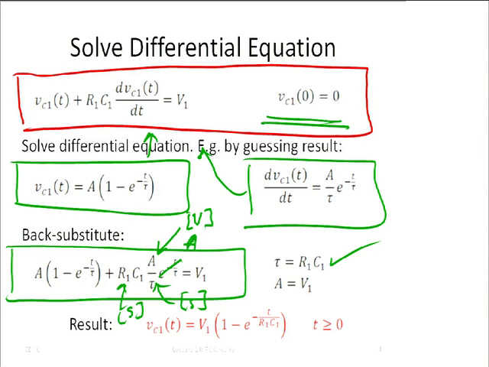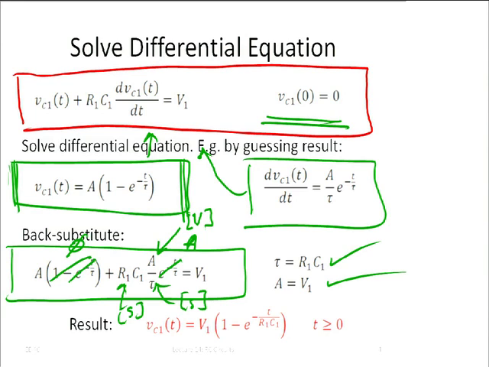So A equals 1 in the end. If you look carefully at this, you get A equals 1. So now we know the two unknowns, A and tau. We have the final result. Simply by guessing what the right answer should be, plugging in and comparing coefficients, we could solve this differential equation.